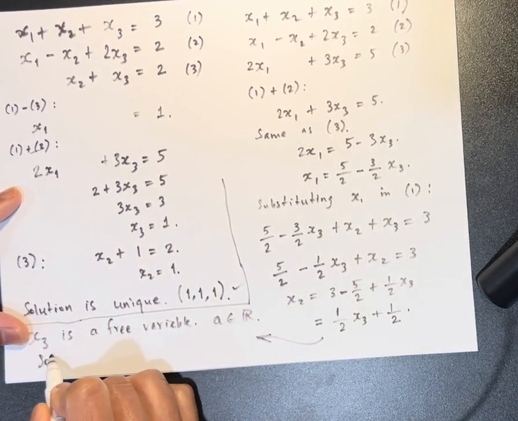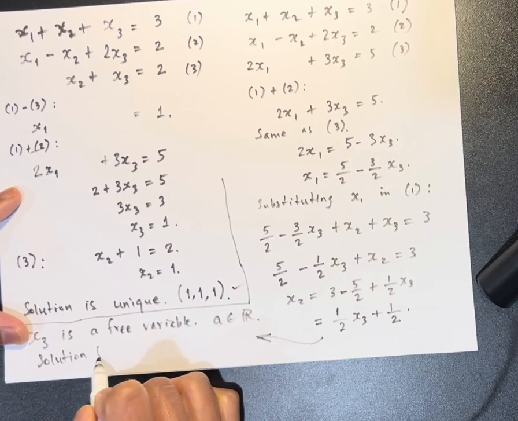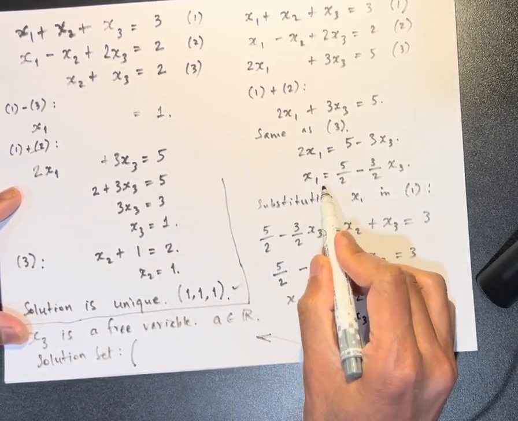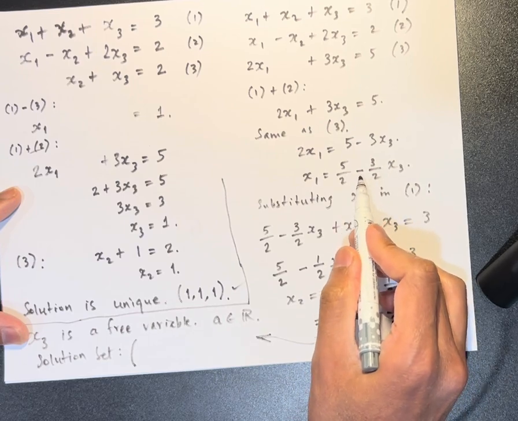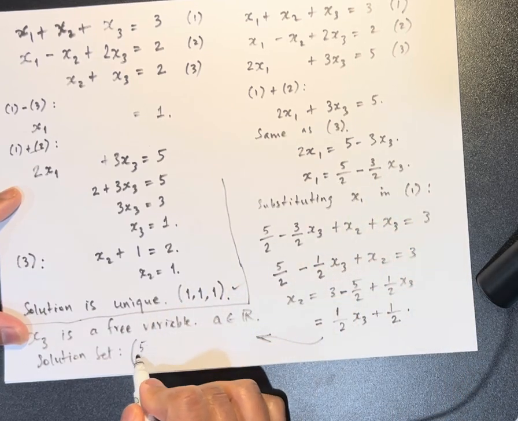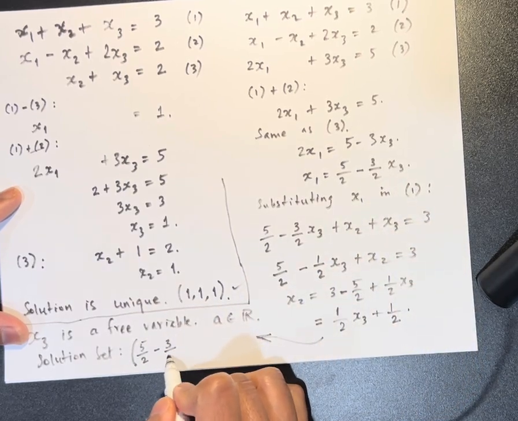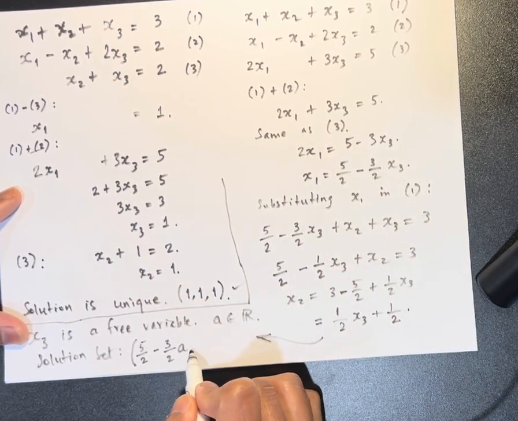So the solution set is, I'll take this x1, so that's going to be 5 by 2 minus 3 by 2 x3, but we will write 3 by 2a, correct?